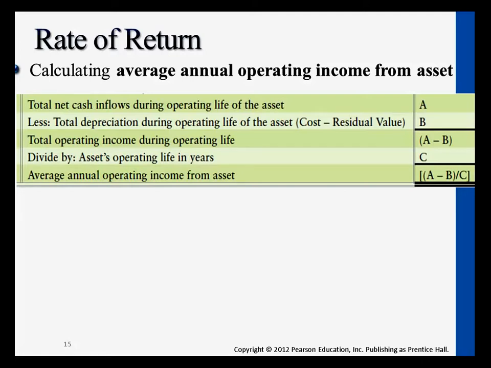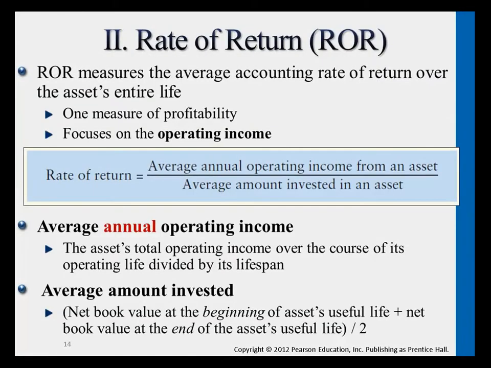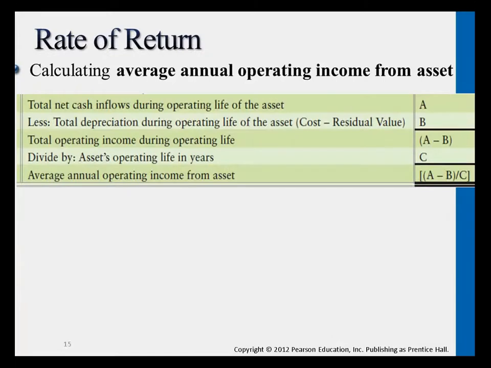That's really cost minus residual value. And therefore, we get total operating income during the lifespan of the asset, okay?